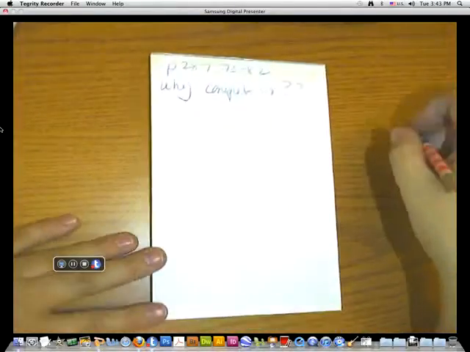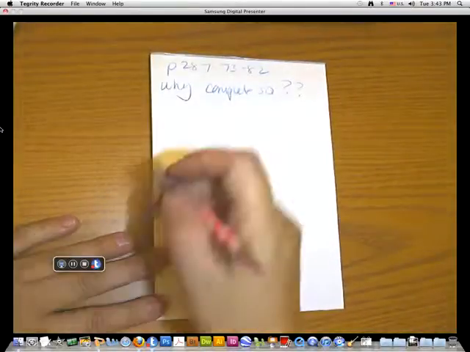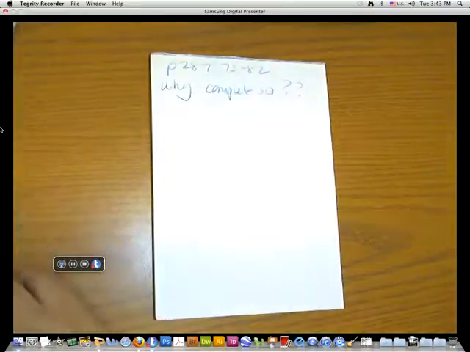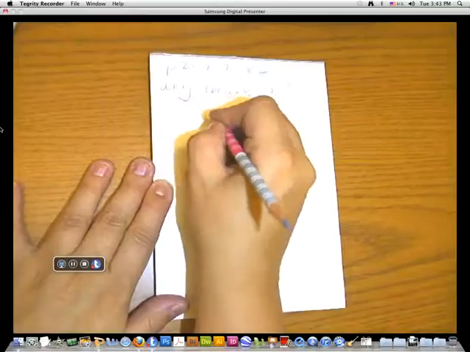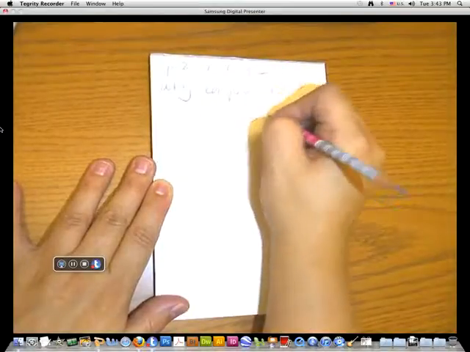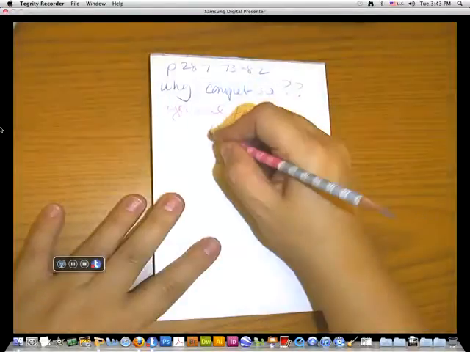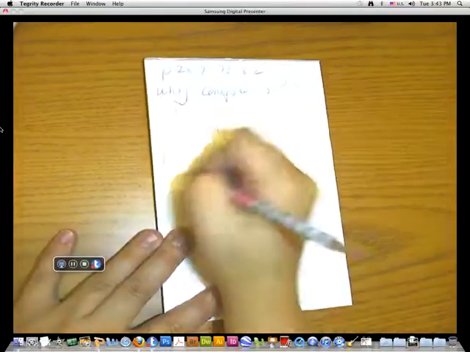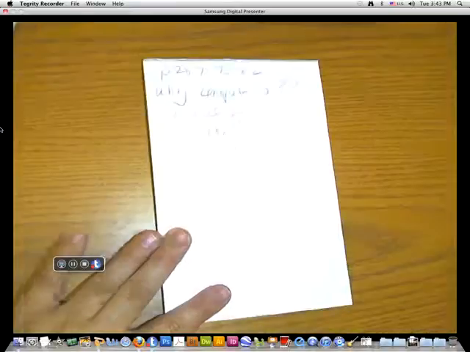The main reason is because we want to be able to change from our general form, which we know as ax squared plus bx plus c, to vertex form.